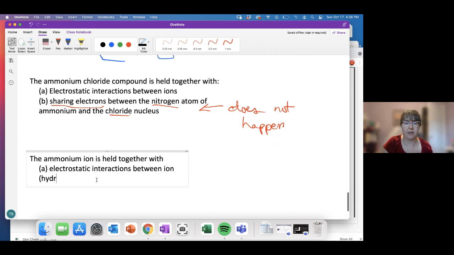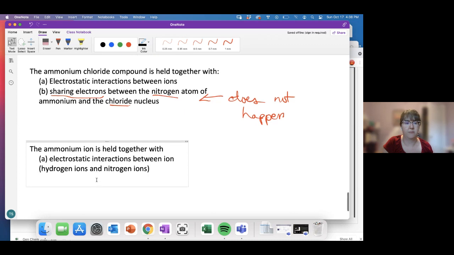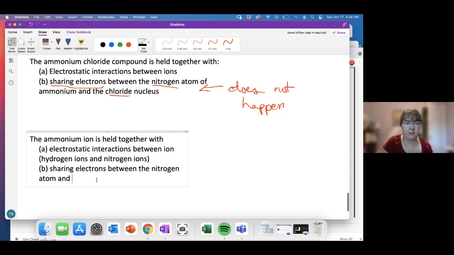And we might add something like hydrogen ions and nitrogen ions versus, and I know I'm only giving you guys 2 options, which is not as many as we have on the exams, but with sharing electrons between the nitrogen atom and each hydrogen atom.